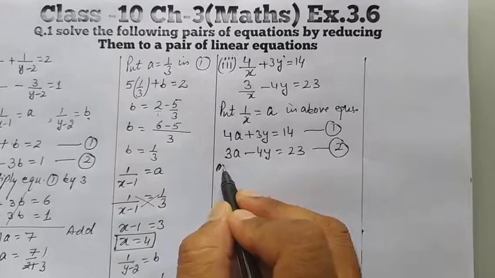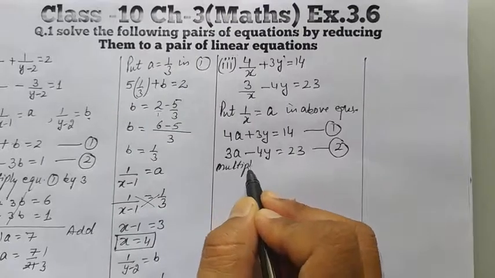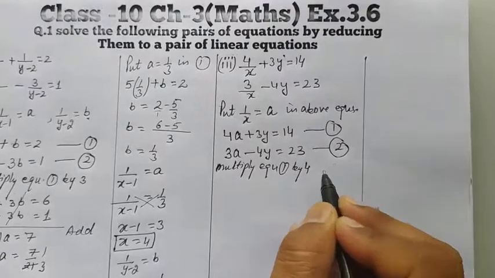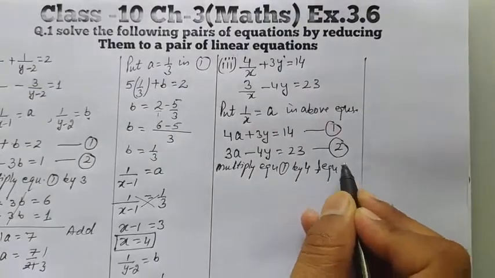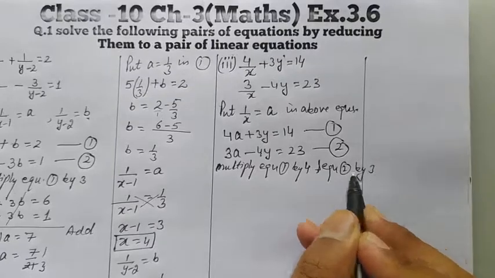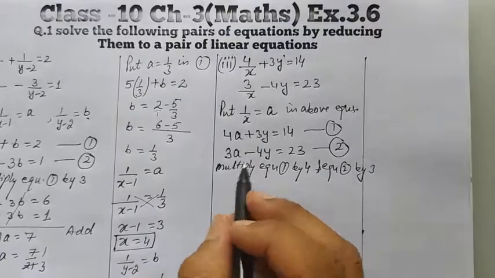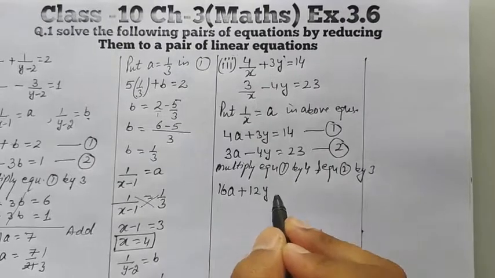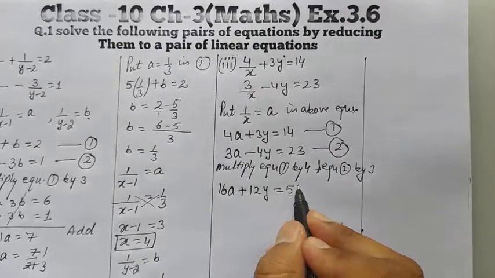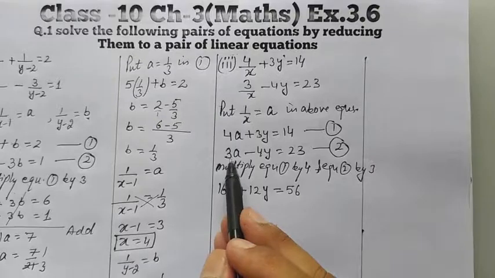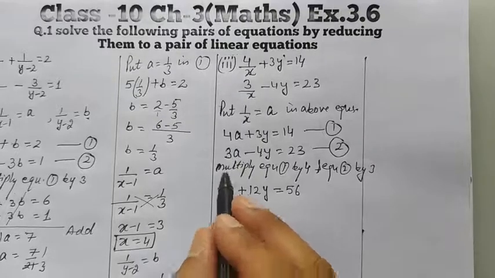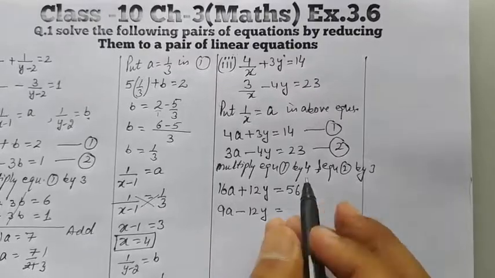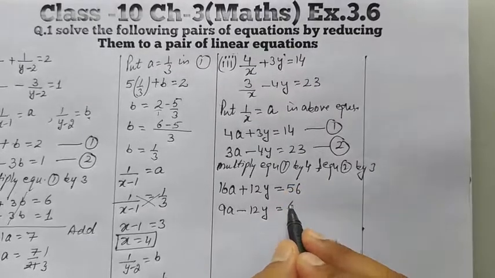So multiply equation 1 by 4 and equation 2 by 3. Let's multiply by 4. It becomes 16a plus 12y is equal to 14 4s are 56. Now this equation by 3, so it becomes 3 3s are 9a minus 12y is equal to 23 3s are 69.